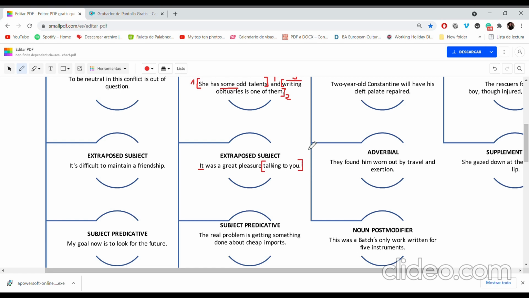It was a great pleasure talking to you. If we remove it from the clause, we can use the dependent clause, in this case the ing clause, as the subject of the whole construction. Talking to you was a great pleasure.